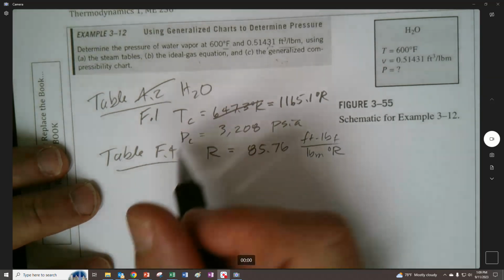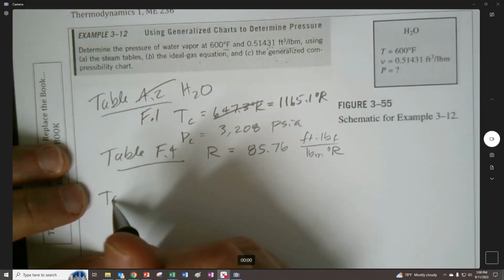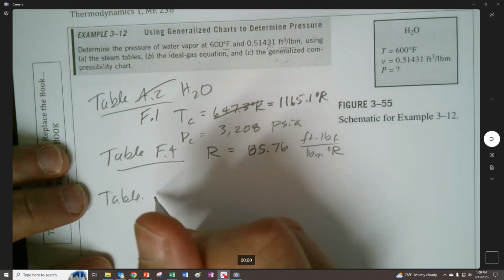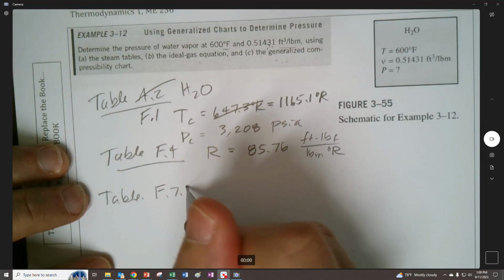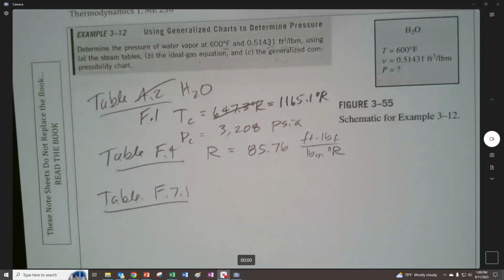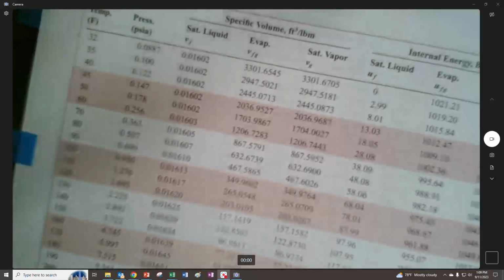And if we go to the steam tables, that's going to be table F.7.1, and that's 600 degrees Fahrenheit. Good.